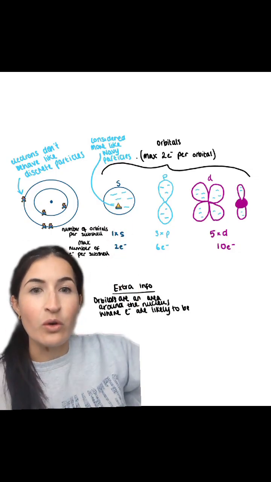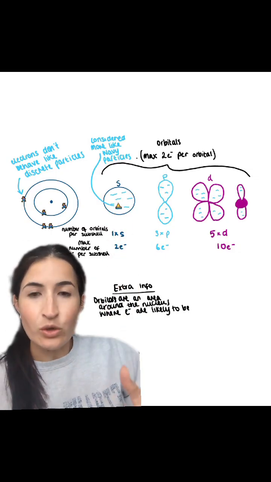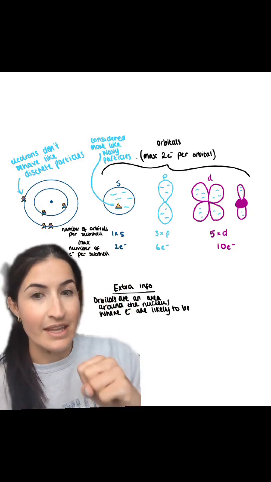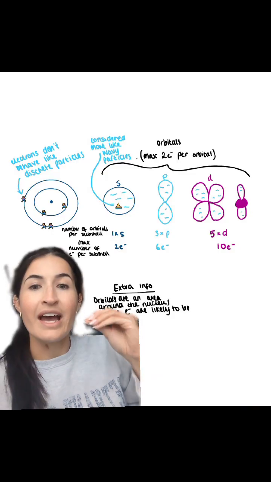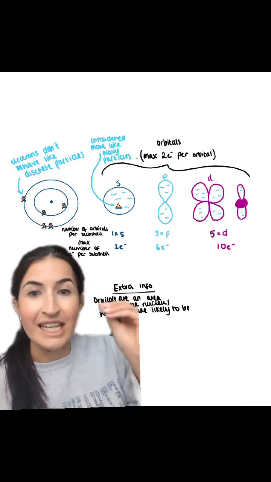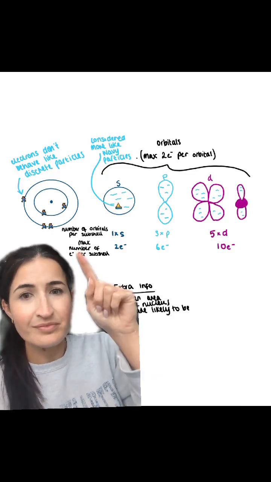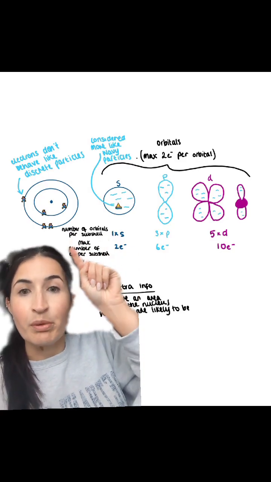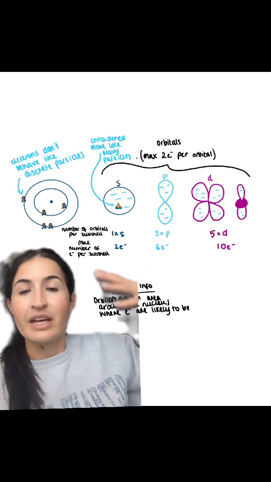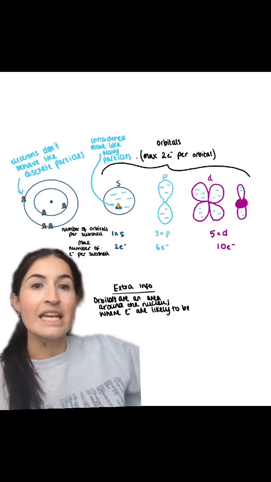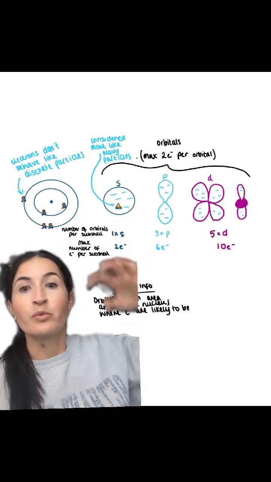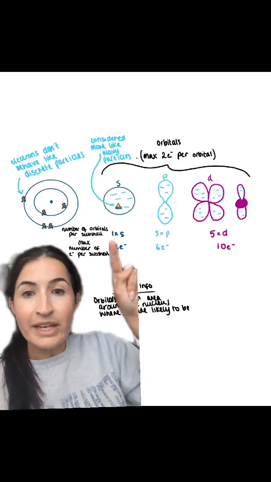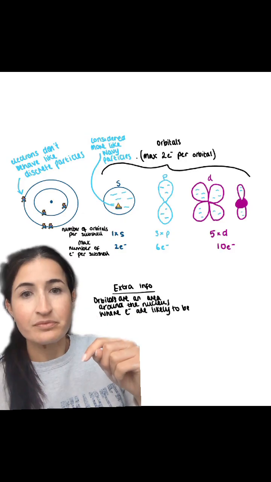In those shells, we've got orbitals, and each orbital has a maximum of 2 electrons in the orbital, and that's where the highest probability of an electron residing is. Now, the number of orbitals per subshell, so the s, p, and d subshells: per subshell we have one s orbital.